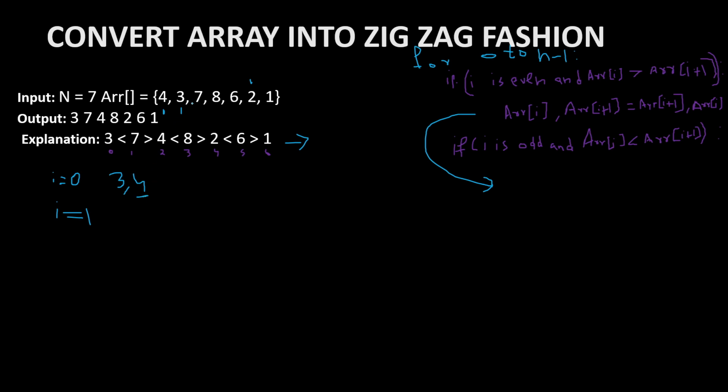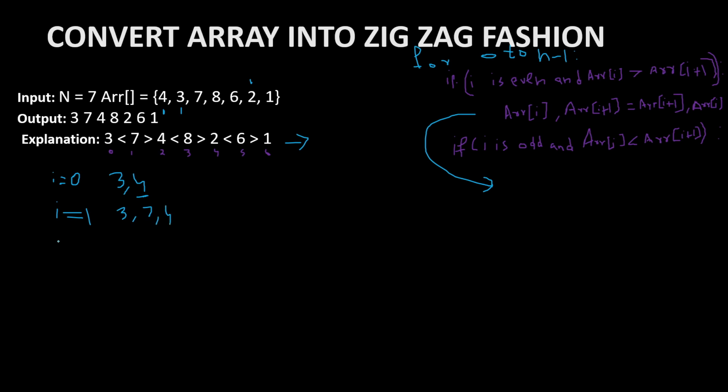Is 7 greater than 4? Yes, it is greater than 4. It satisfies the condition, so we swap those values. If the condition is satisfied, we swap. Then 3, then comes 7, then comes 4.